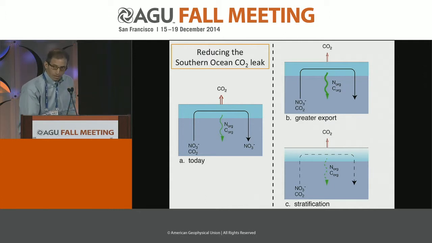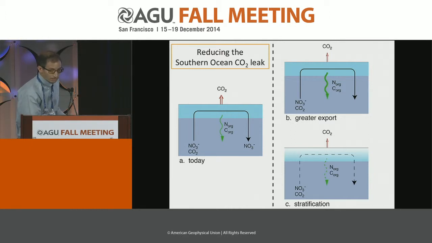So the modern Southern Ocean, many of you know, is a major leak in the global ocean's biological pump. In the ocean, we have excess CO2 and nutrients stored in the deep ocean, but they are brought into the surface in the Southern Ocean by this strong overturning circulation.